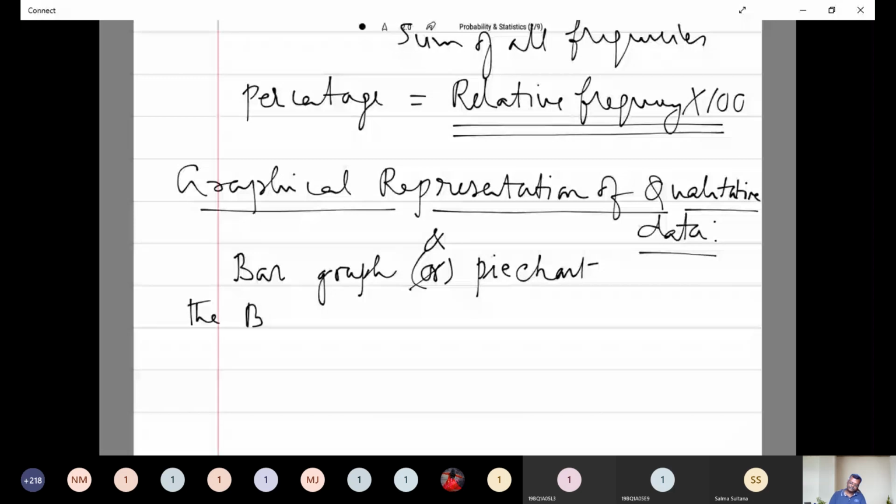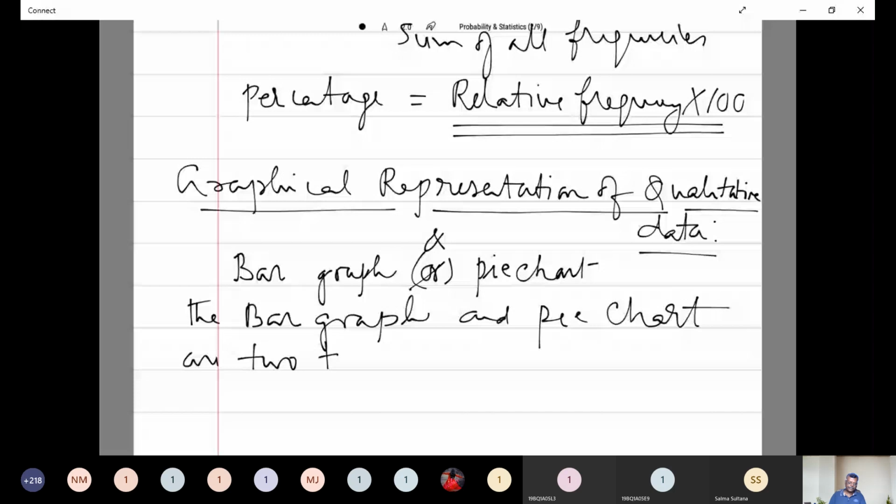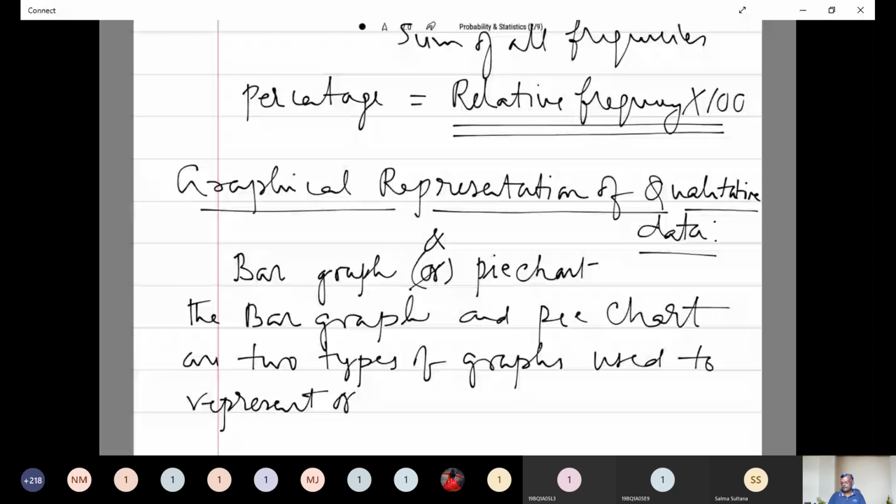That means for qualitative data, we have to use a bar chart or pie chart. Now, what is a bar chart?